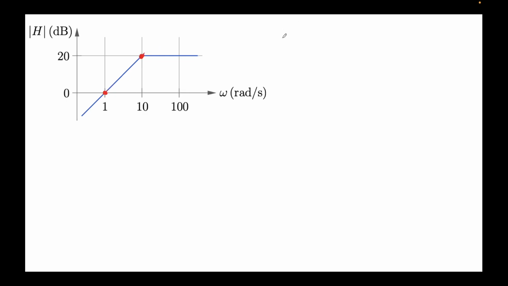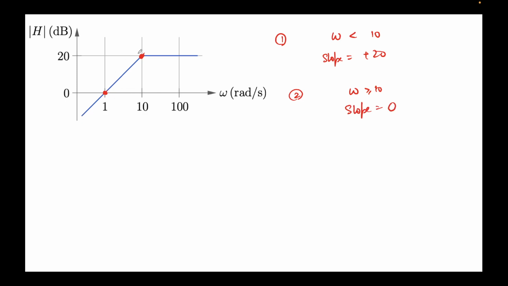So I'll write this information. For omega less than 10 radians per second, slope is plus 20. Secondly, for omega greater than or equal to 10, slope equals 0. What would have happened? This means there must be a pole here, because remember, only poles introduce negative slope.